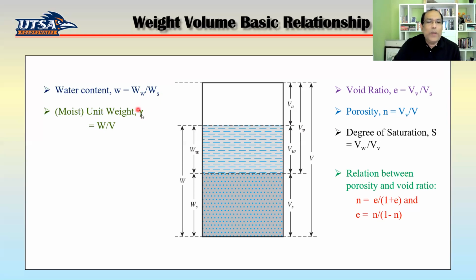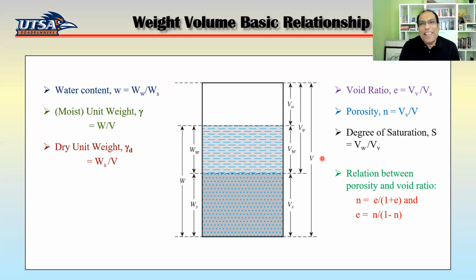Now, moist unit weight. Moist unit weight is the weight divided by volume, which means the weight per unit volume, right? If you know your total weight and your total volume, and you divide this with this, then you get the moist unit weight. Then dry unit weight. Dry unit weight is only the weight of solid divided by your volume, because many times the water will go away from the soil.